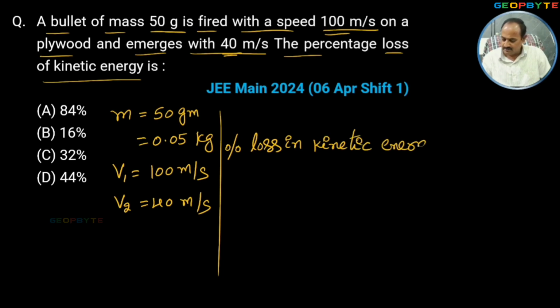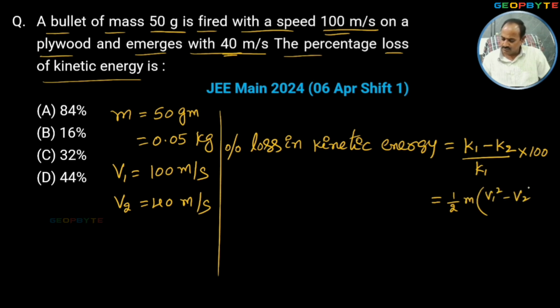Percentage loss in kinetic energy equals initial kinetic energy minus final kinetic energy, divided by initial kinetic energy, into 100. It is equal to half m into v1 square minus v2 square, divided by half m v1 square, into 100.